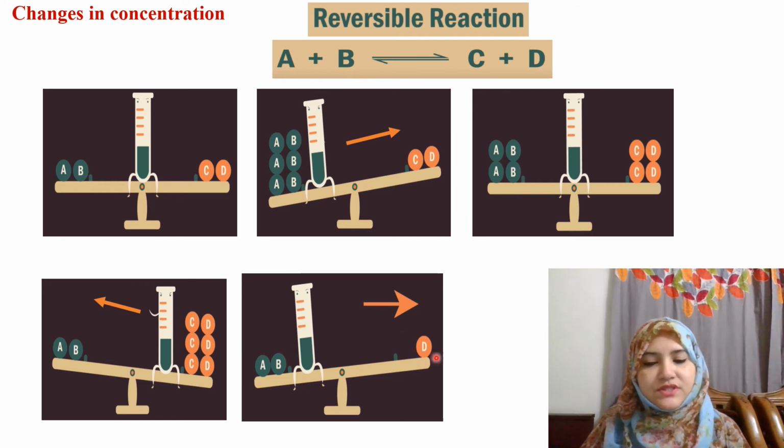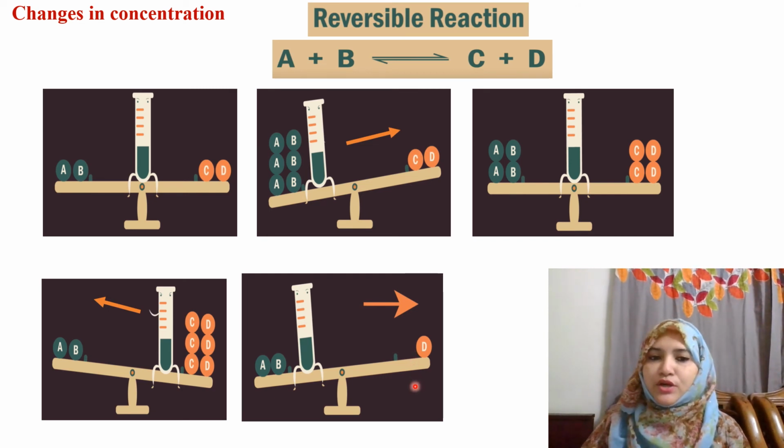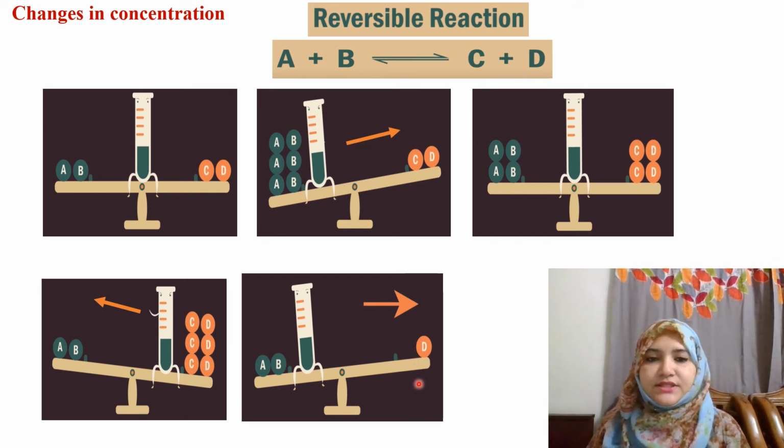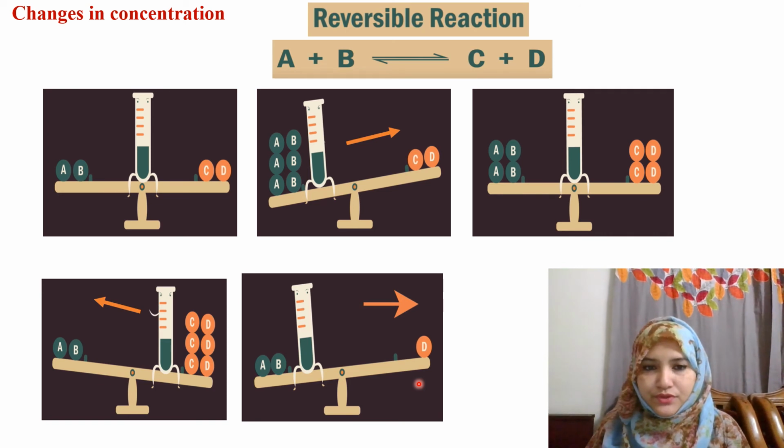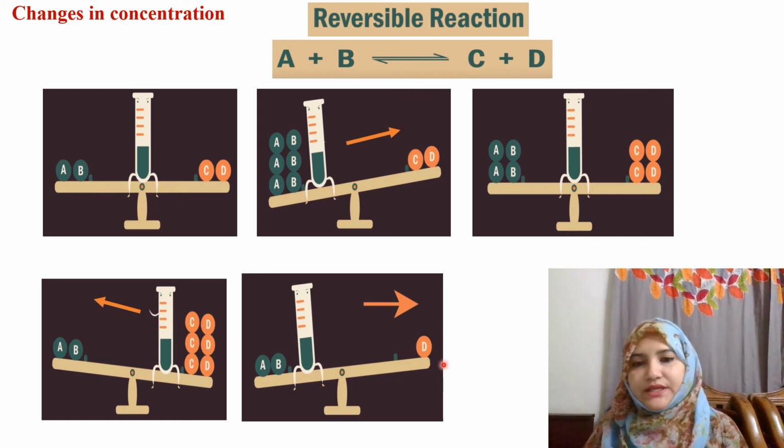We can easily observe from this picture that it is no longer at equilibrium. To minimize this stress of removing the product, that means decreasing the concentration of product, more C and D are produced again. So the equilibrium shifts from left to right here.